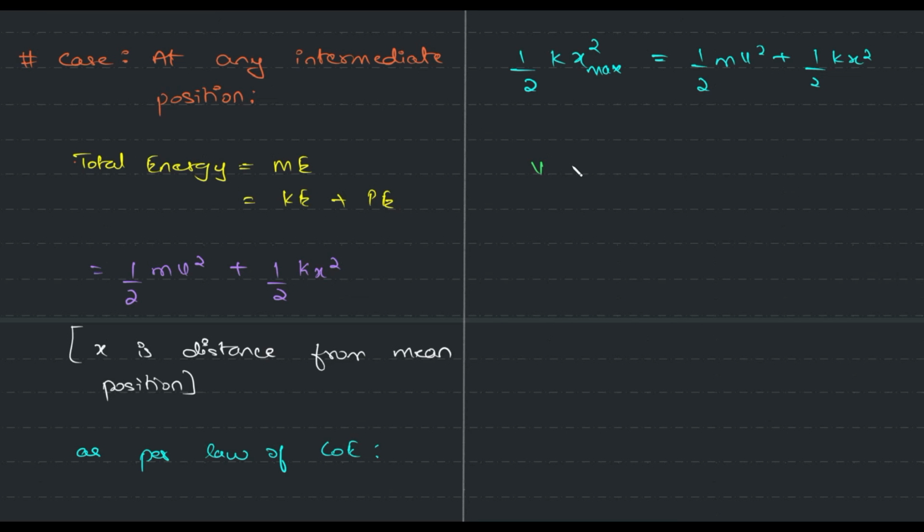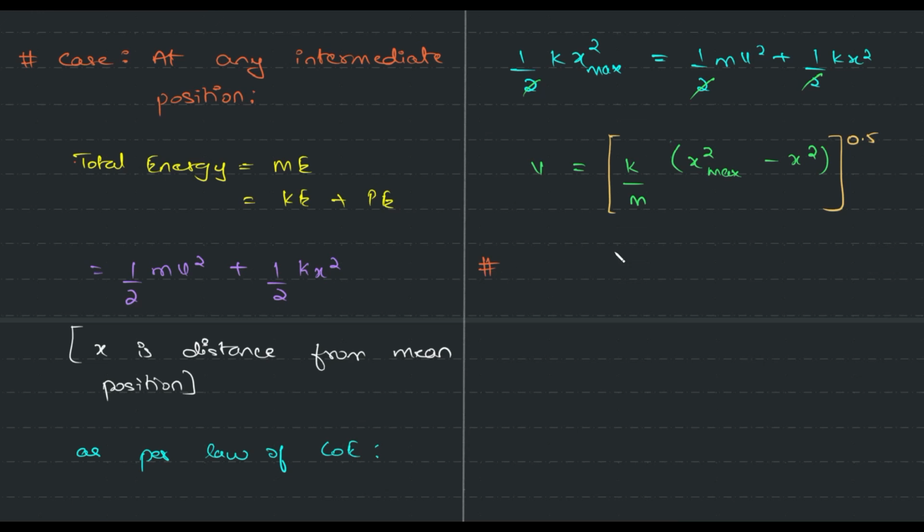A bit of rearrangement and everywhere the half gets cancelled, and we have v equal to the square root of k by m times x max square minus x square. There's a square, but yeah, we need to take a root. So that's the general expression.